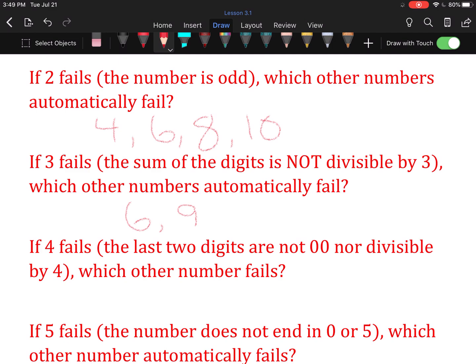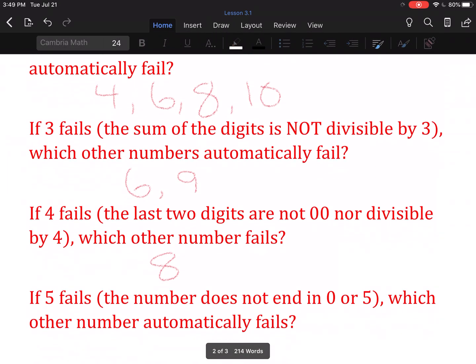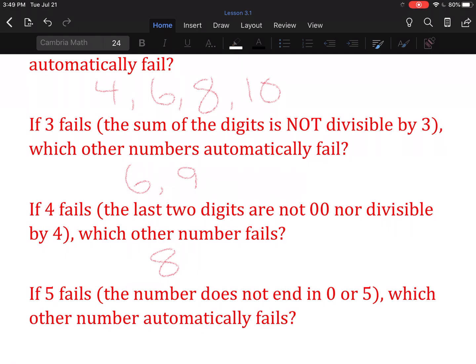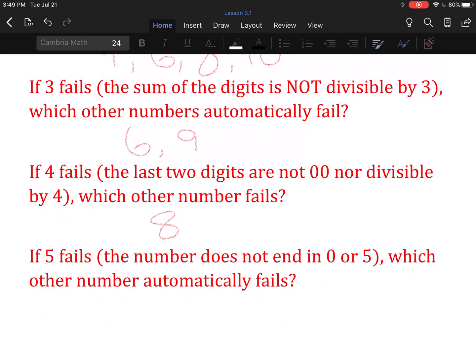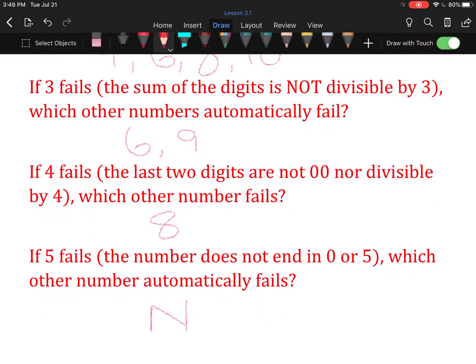You don't have to check them. If 4 fails, 8 fails. And if 5 fails, what other number automatically fails? None. 5 failing doesn't cause anything to happen.